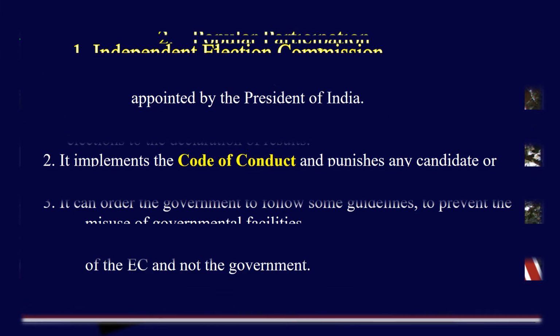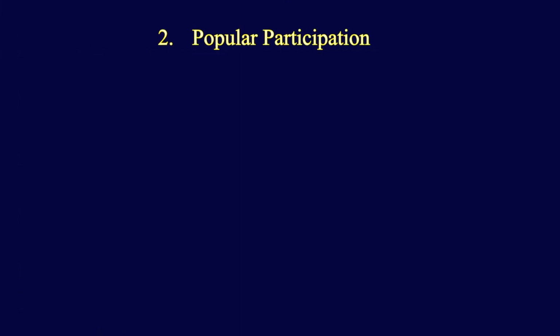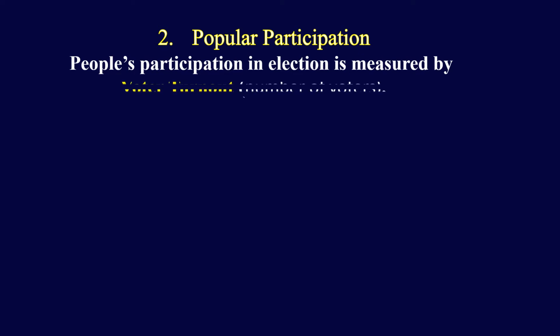Another way to check the quality of the election process in India is to see the participation of people in the election. People's participation in election is measured by voter turnout. What is voter turnout? The voter turnout means the number of voters who take part in elections.